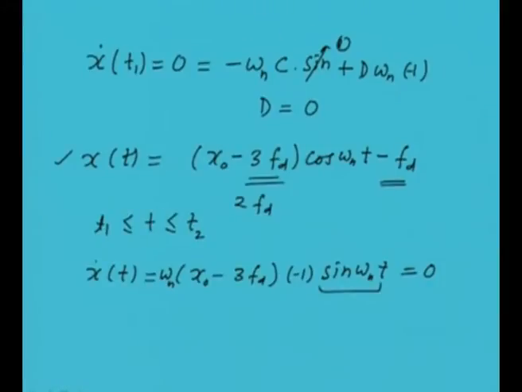You can see that earlier we had the solution pi by omega n, next one will be 2 pi by omega n. So, this solution is valid between pi by omega n to 2 pi by omega n.